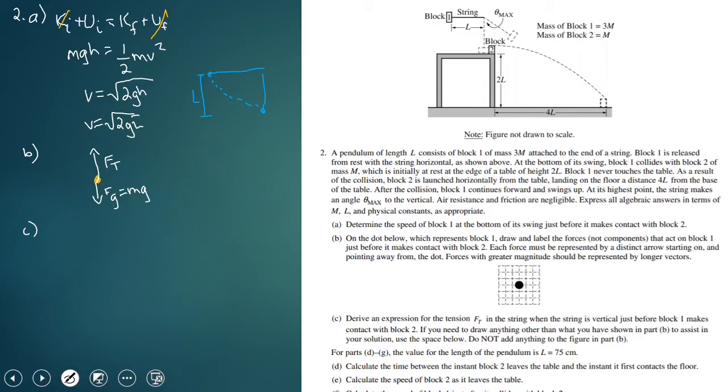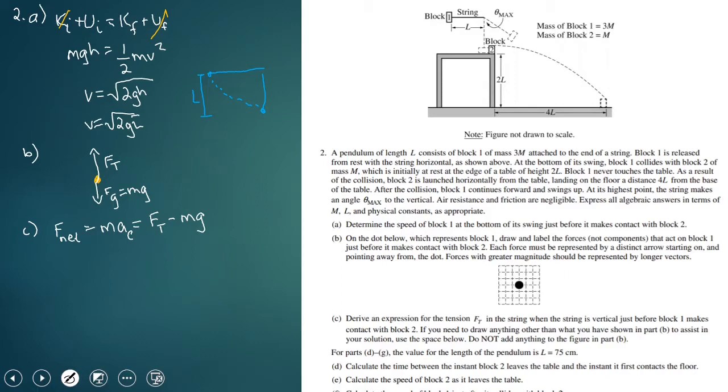And so we still write our F net is equal to ma, or in this case it would be ma sub c because it's centripetal acceleration, and then our net force is Ft minus mg. All right, and it's Ft minus mg in this case because it's just before block 1 makes contact with block 2.